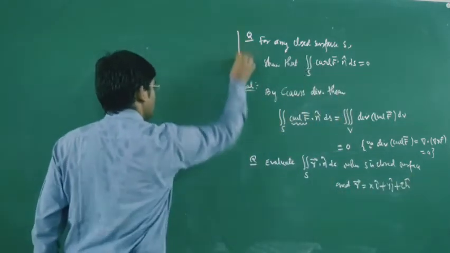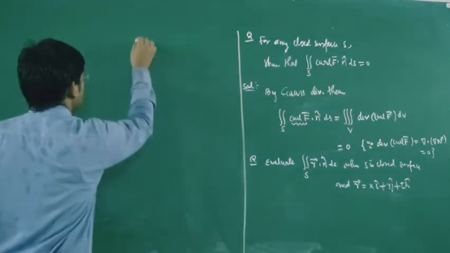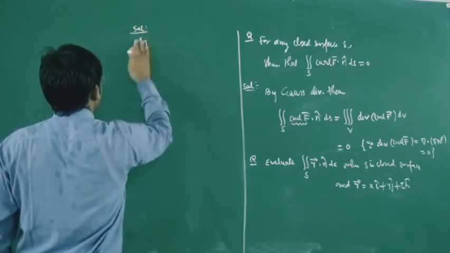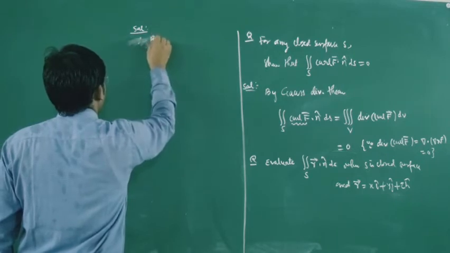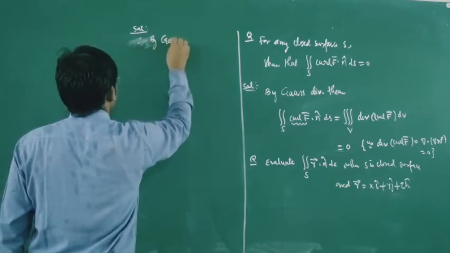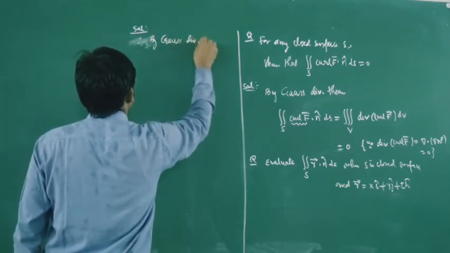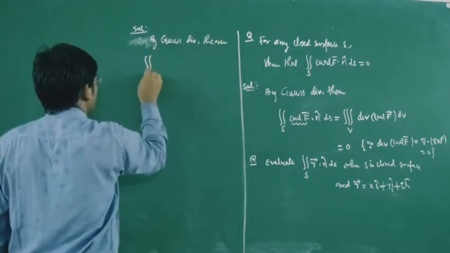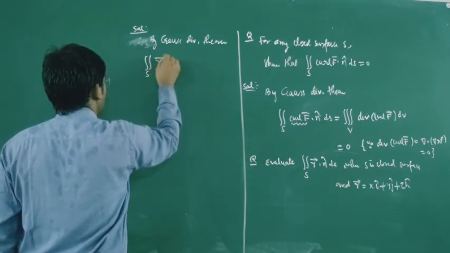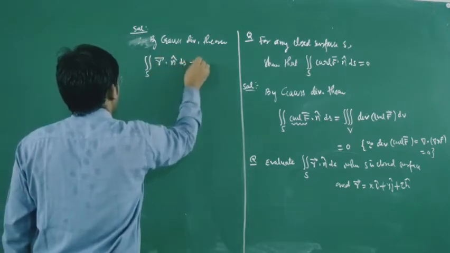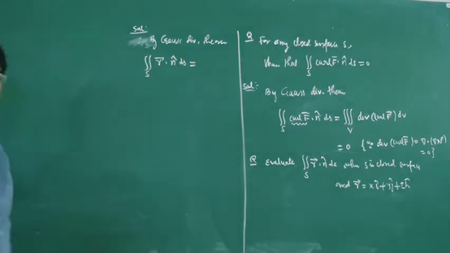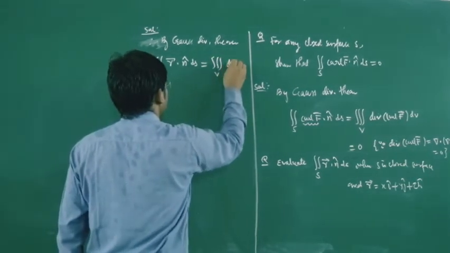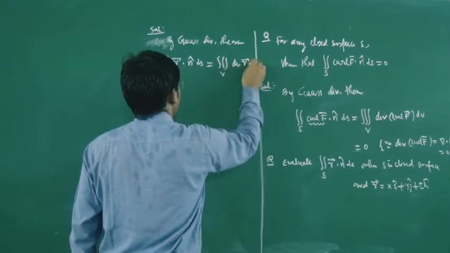So, solution, again by Gauss Divergence Theorem, we have the integral of f dot n ds equal to divergence of f dv, that means divergence of r dv.